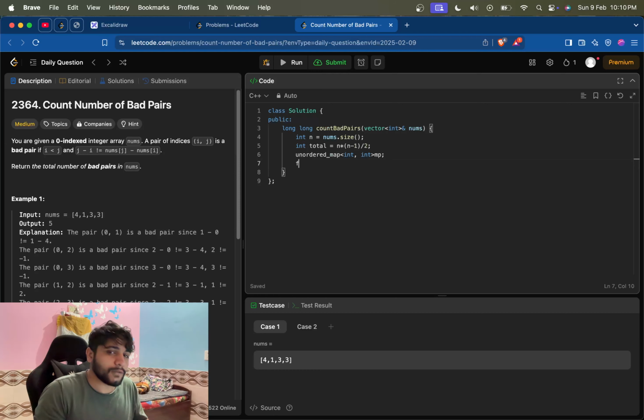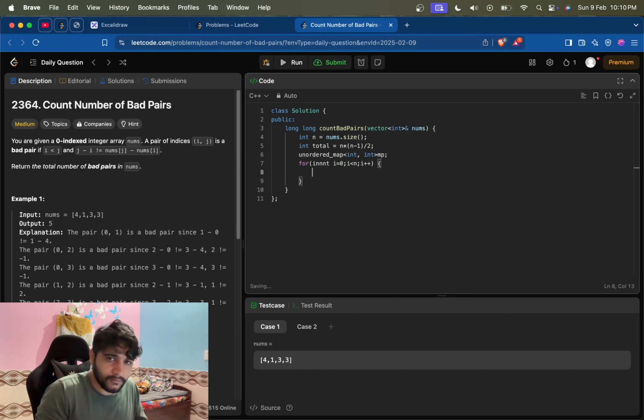Now we will iterate through this array and each time, let's say we define a value of x as nums[i] minus i. And let's say we have a variable here, good pairs, as 0 initially.